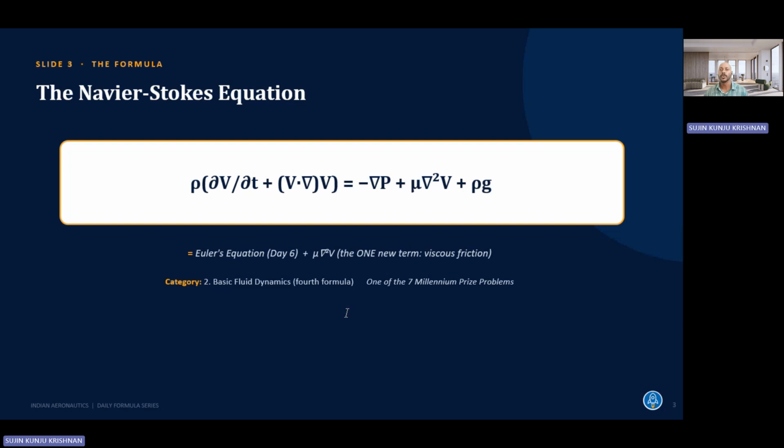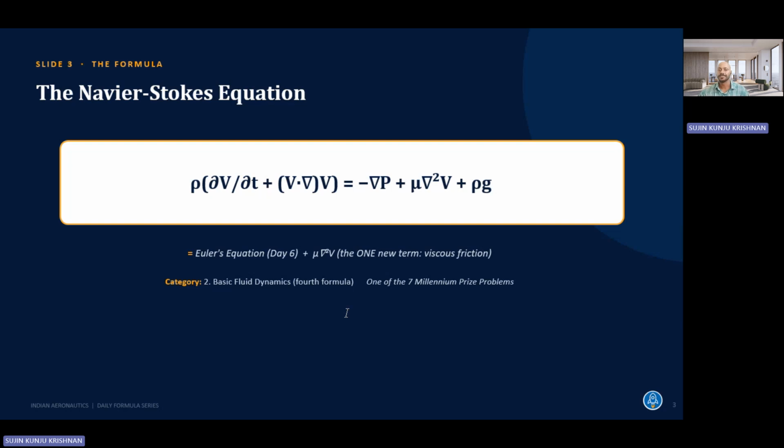Don't panic. Look at what's familiar. The left side and the last two terms on the right, negative grad p and rho g, are exactly Euler's equation from yesterday. There is only one new piece, mu grad squared v. That's a viscous force.